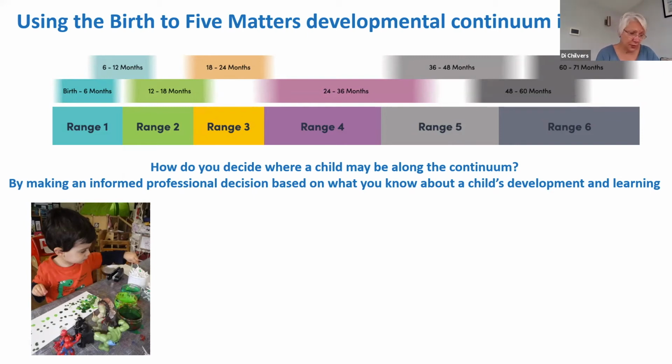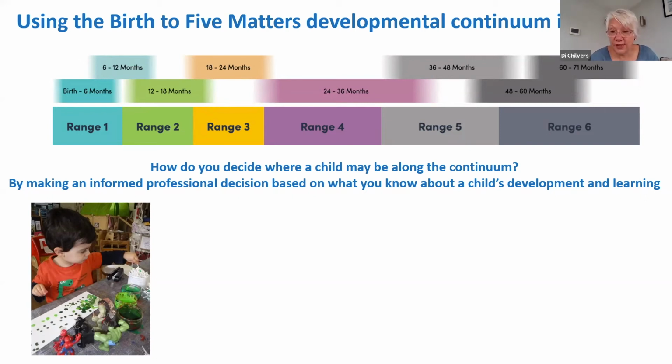And so this continuum acts as a guide for you to make this summative assessment, showing children's progress from their starting points. And this is where you start to make that professionally informed decision based on what you know about the child's development and learning. And that could be as a child settles into the setting or school right from the start, or it could be after a previous summative assessment.